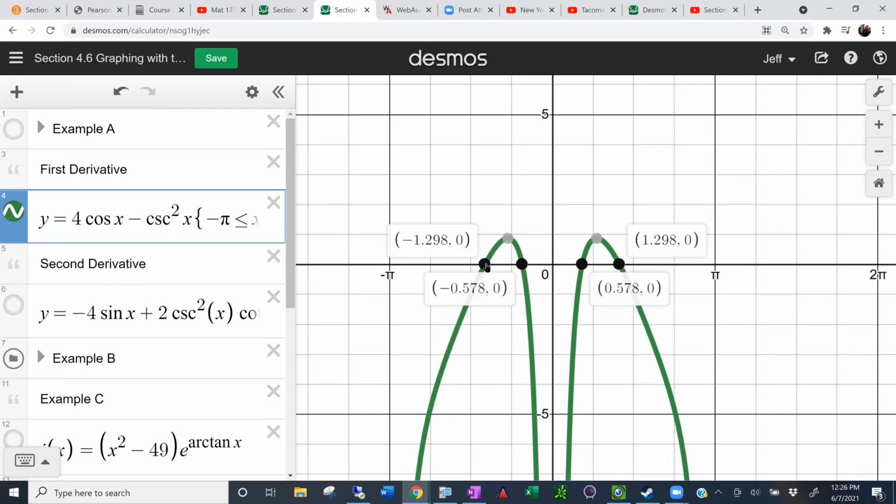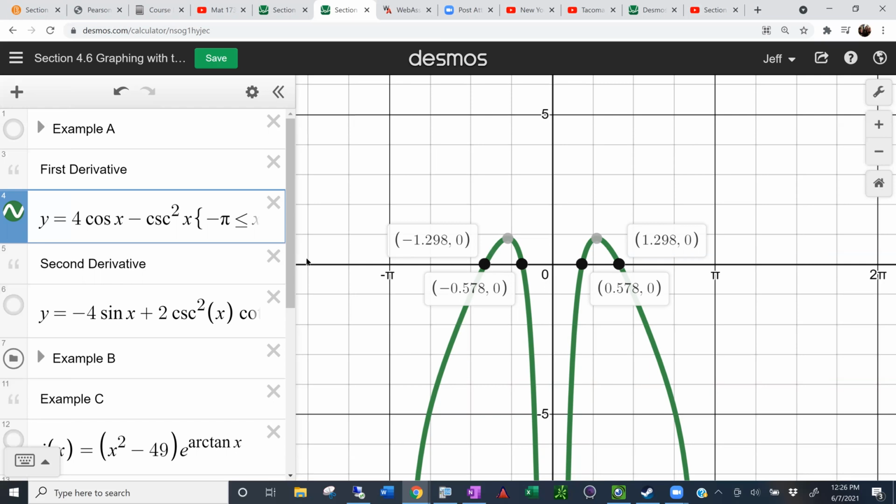Can anyone tell? At 0, yeah. You've got a vertical asymptote at 0, and that's because cotangent is not defined at 0. Good. But other than that, we can do ourselves a nice little table of places where the function is increasing, decreasing, etc. You can get all the information you want just right here.